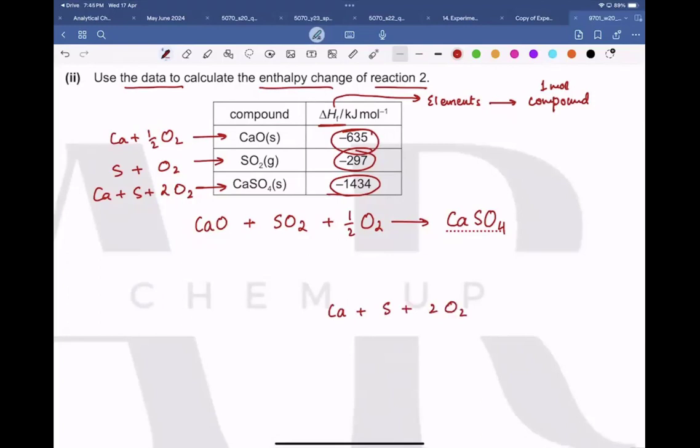Yes, Kubra, your answer is also correct. These elements, when they react with each other, form calcium sulfate. How many moles of calcium sulfate are forming? Only 1 mole. So I have to make this value times 1. If there were 2 moles, I would have to do it twice. So I have to find this, right?